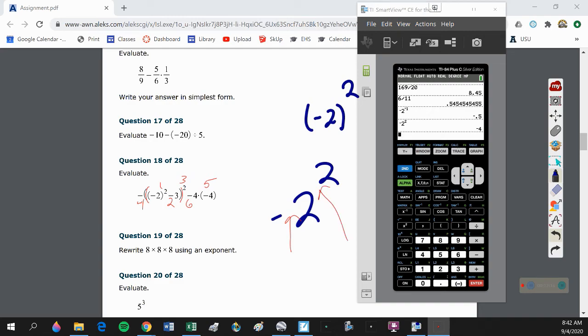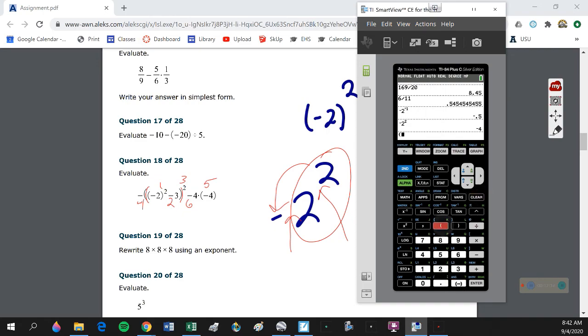Subtraction or exponents? Exponents. So the calculator is saying, oh great, I'm going to take 2 and I'm going to square it, and then I'm going to subtract that. So whenever you square a negative or a fraction, you must put it in parentheses or you'll get the wrong answer.